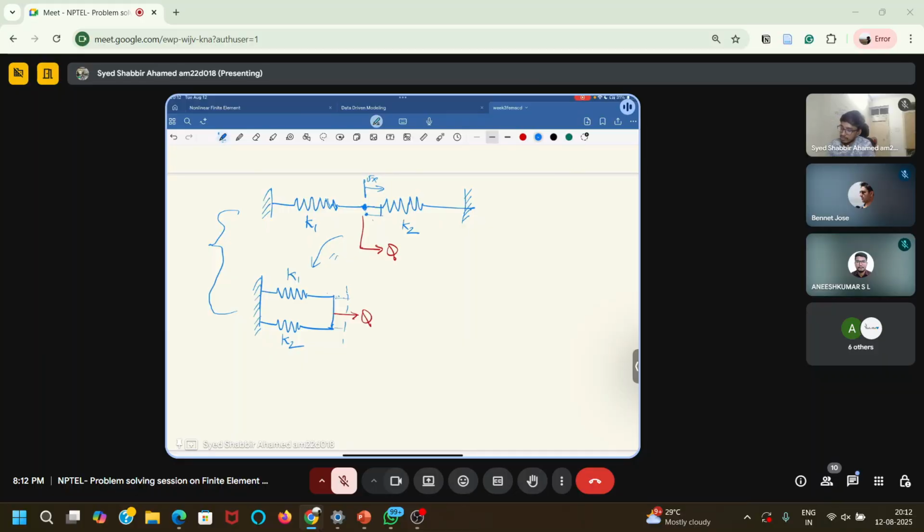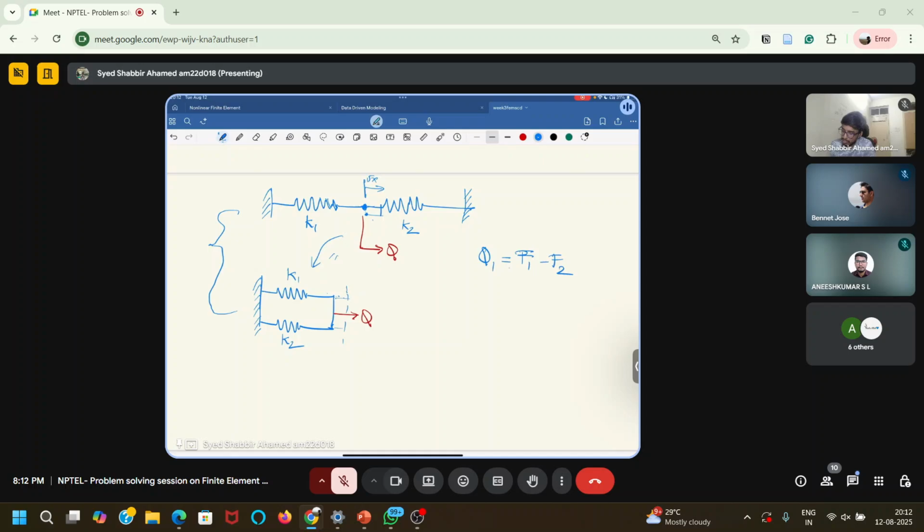If you want to find the force, I'll take the force equilibrium at the connection point of the springs. Then Q should be equal to whatever force the springs experience. Let's say the first spring is experiencing tension, I'll write it as F1, and the other spring is undergoing deflection.